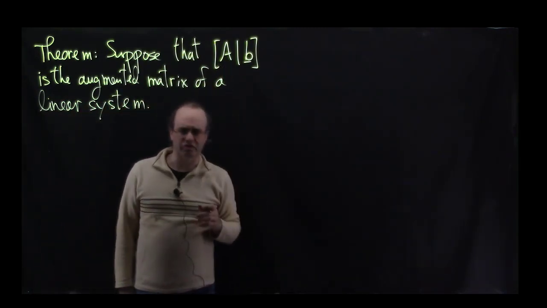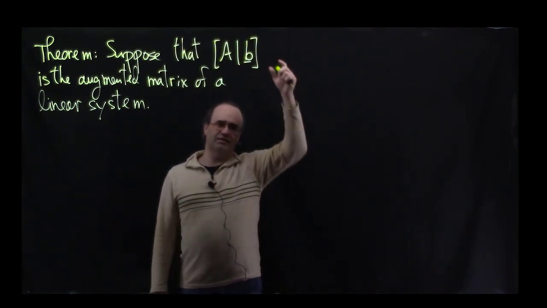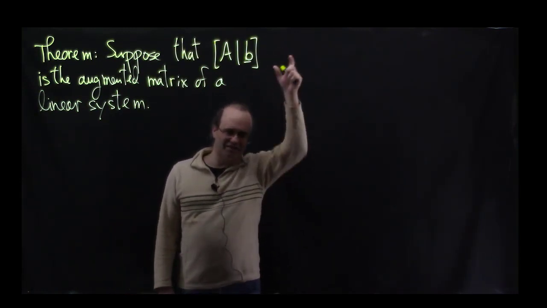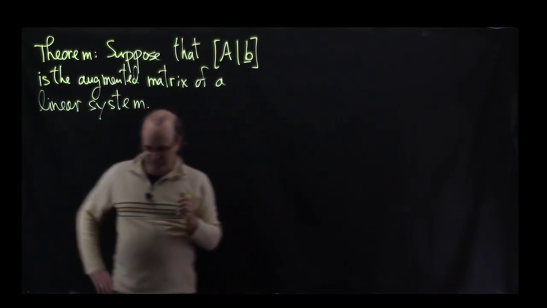So A will be the matrix of coefficients. B is the vector of constants on the right-hand side of all those equalities.